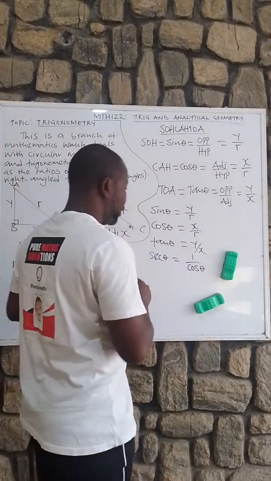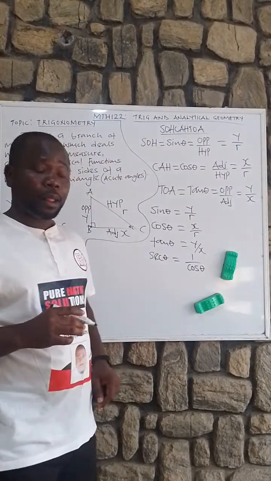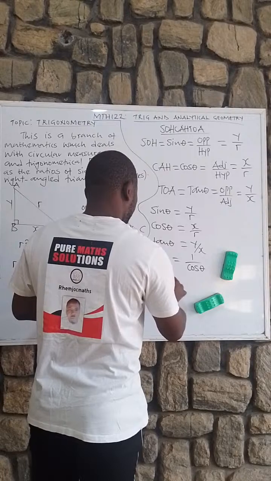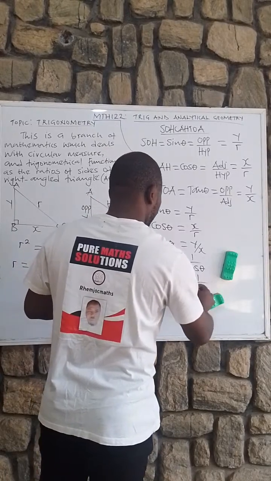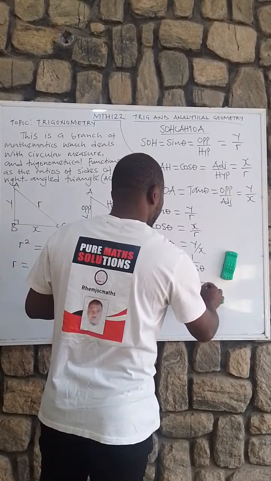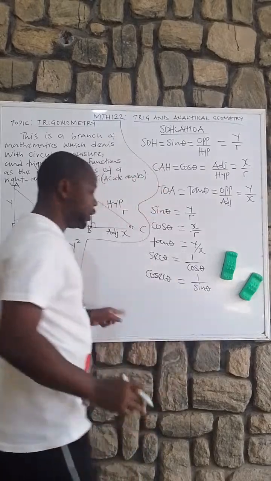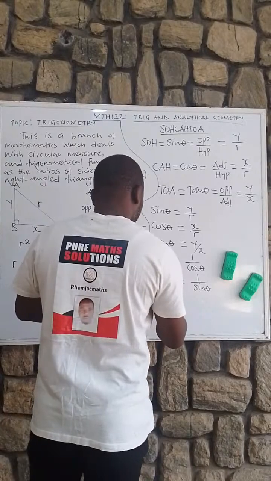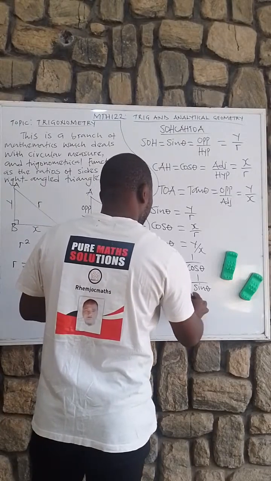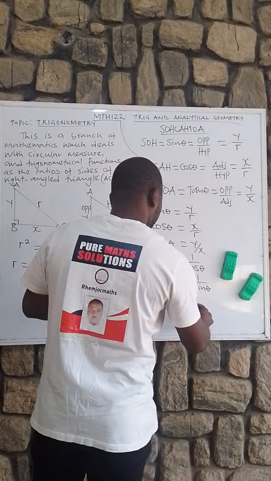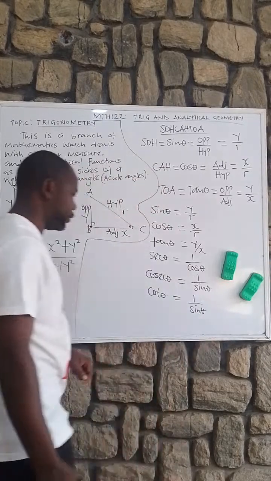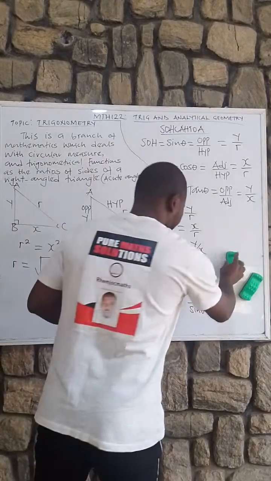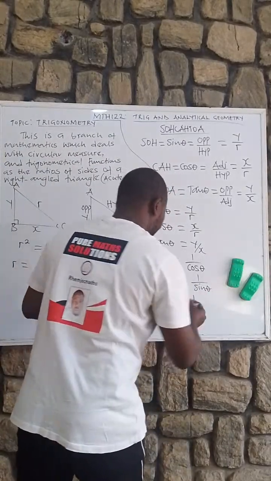Then cosec theta is equal to 1 all over sin theta. Take note. Then cot theta is equal to 1 all over tan theta. Take note. Is that clear?